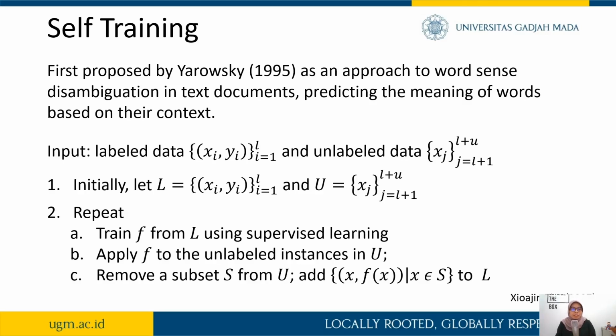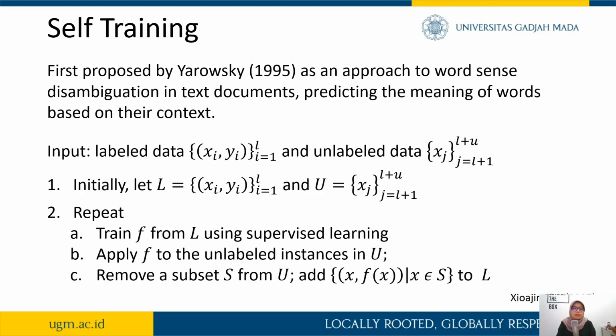So this is the self-training algorithm. Initially, for example, we have L as the labeled data and U the unlabeled data. We train F, the base learner, from L using supervised learning, so any kind of supervised learning algorithm.